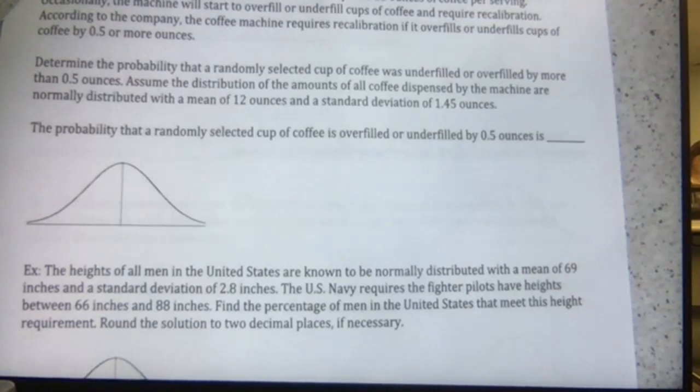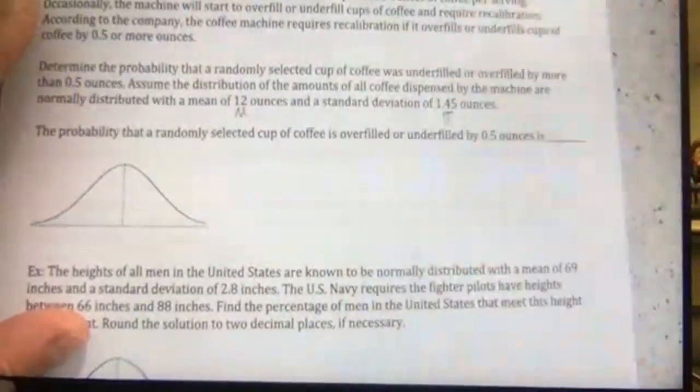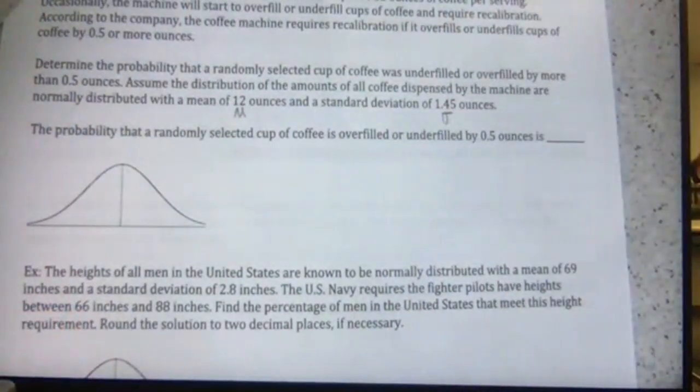Determine the probability that a randomly selected cup of coffee was under or overfilled by more than 0.5 ounces. Assume the distribution of the amounts of all coffee dispensed by the machine are normally distributed with a mean of 12 ounces and a standard deviation of 1.45 ounces.